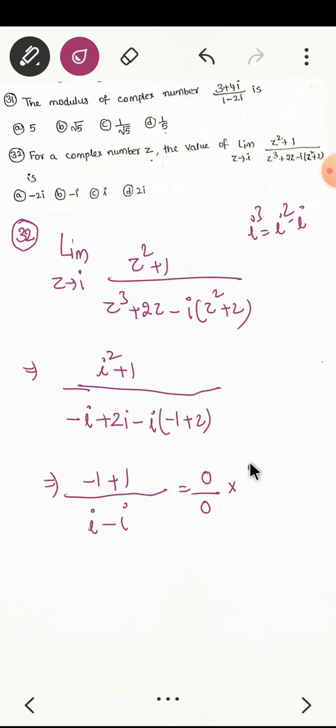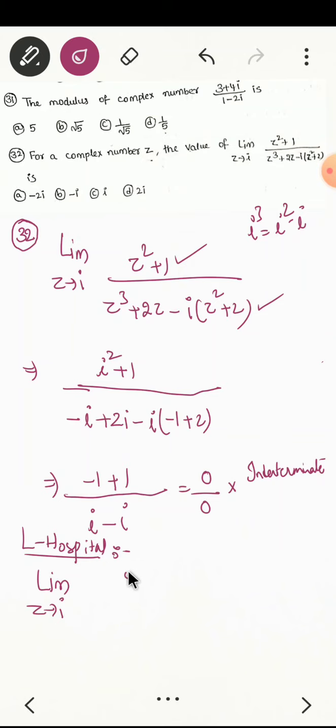I am getting 0 by 0. 0 by 0 is an indeterminate form. We should not get this. What you have to do is apply L'Hospital rule. Do differentiation of the numerator and denominator. Limit z tends to i, this will be 2z divided by 3z square plus 2 minus i, and this will be 2z.